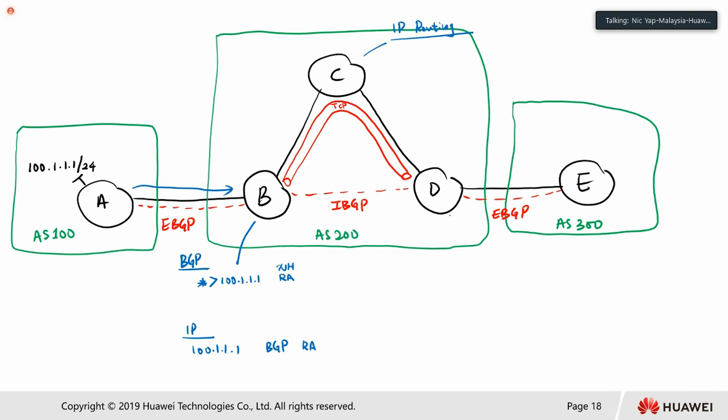Router D: this information will be sent through the TCP connection to router D. C is not aware because C is not running BGP.